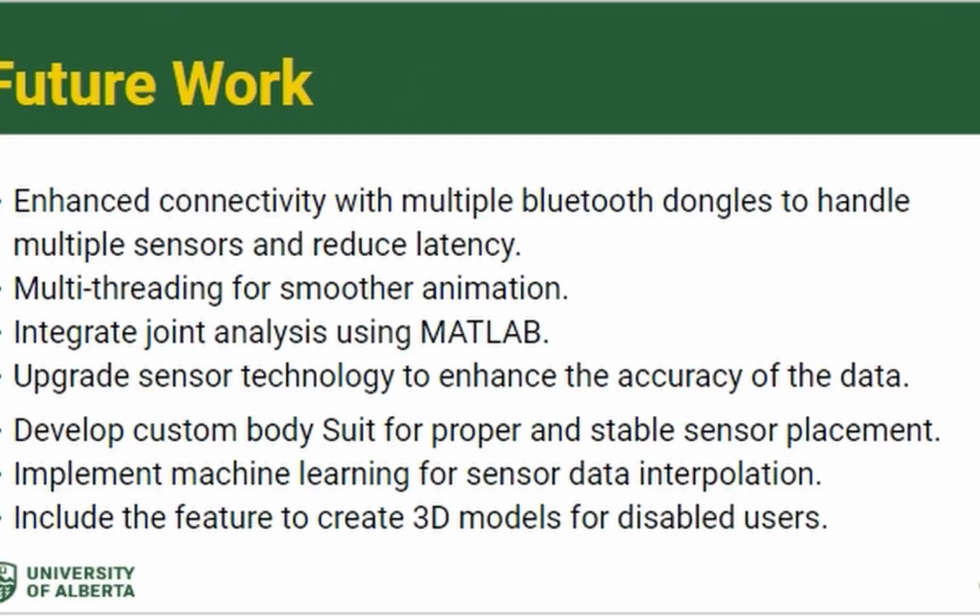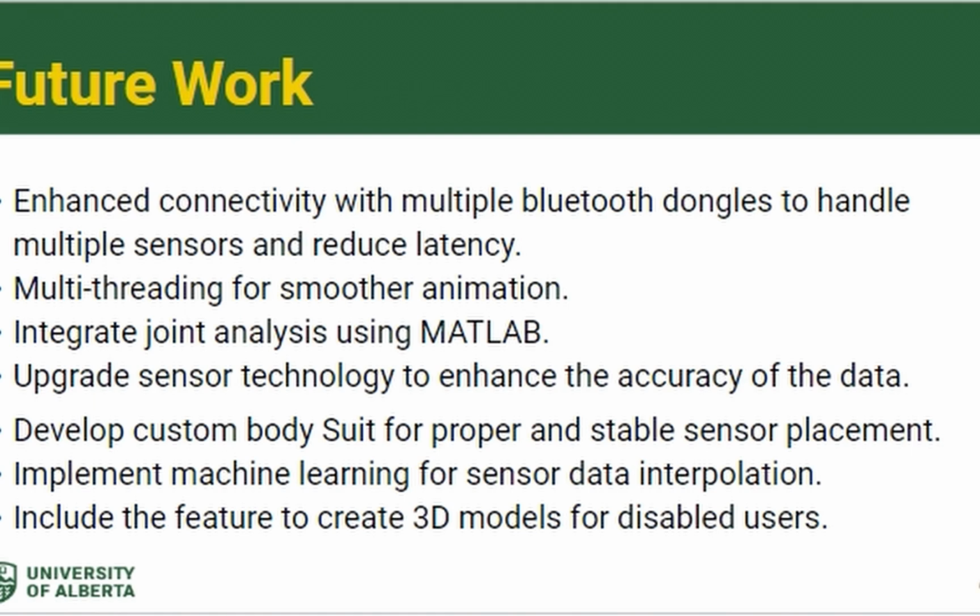Now we want to talk about the future steps that we have planned to improve our project and also create a better ergonomic assessment. Firstly, we want to enhance connectivity to our IMU sensors using multiple Bluetooth dongles to handle multiple sensors. This will reduce latency and improve data accuracy. We can also use Bluetooth with better sensors that have wider and more accurate connectivity.